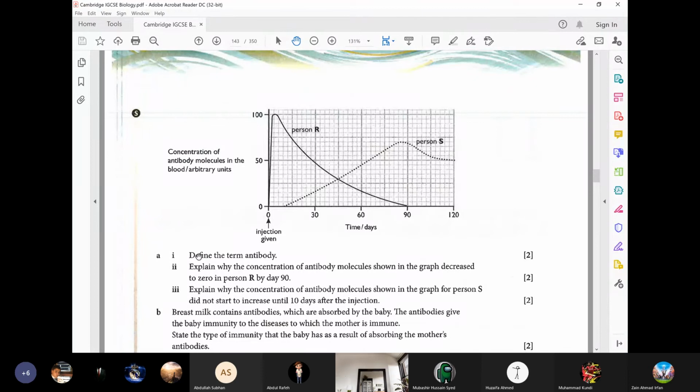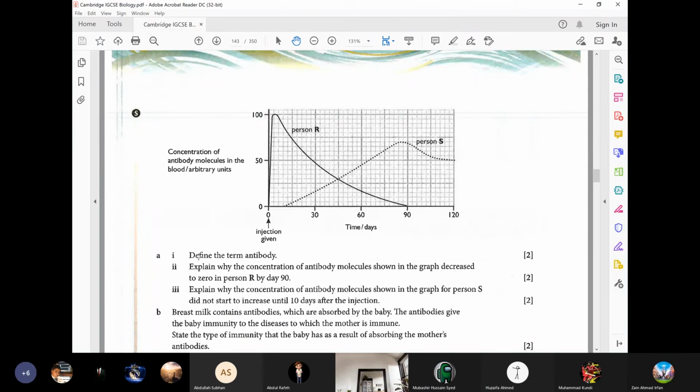First of all, define the term antibody. Yes, boys. Antibodies are special proteins which stick to antigens and help destroy viruses. They are produced by lymphocytes. So you can write that antibodies are the proteins which are produced by the lymphocytes.